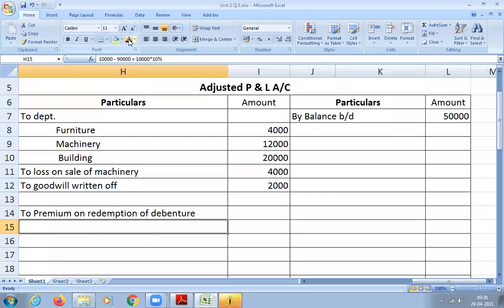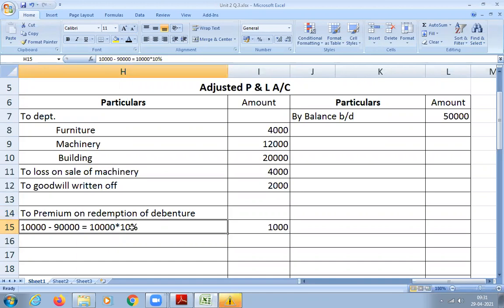So how to calculate that? The debenture was 100,000 at the beginning, then it became 90,000. So the difference is 10,000, and the premium is 10%. Calculate 10% of 10,000. 1,000. So 1,000 we need to write here. And where do you write this 10,000?